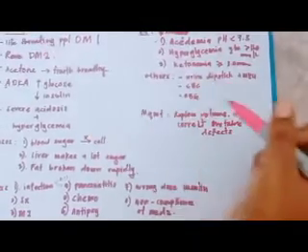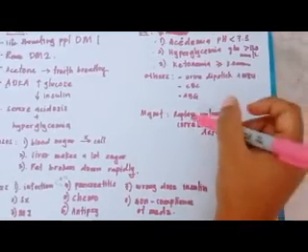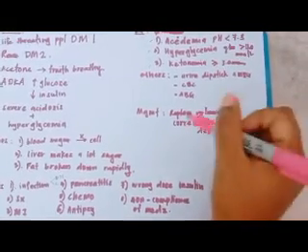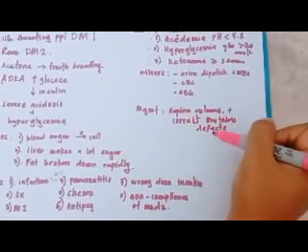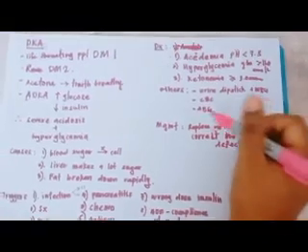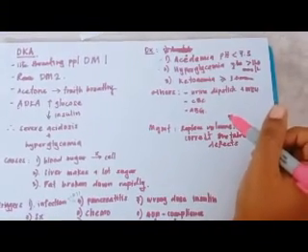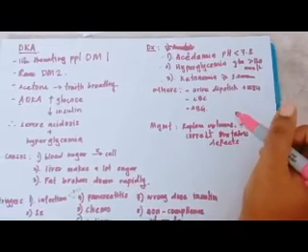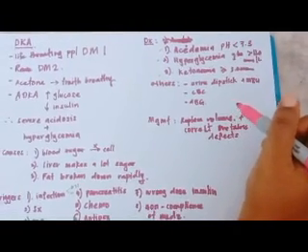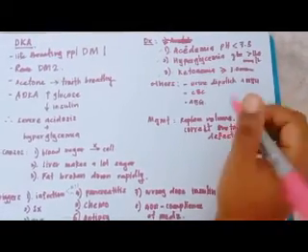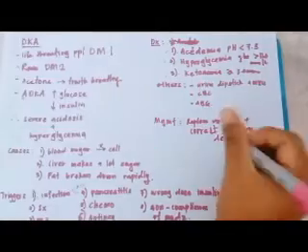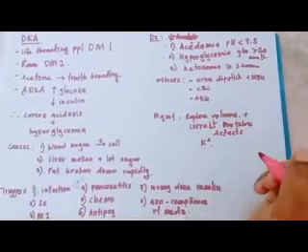Management of DKA: we have to replace volume and correct the metabolic defects. Basically we have to give IV fluid accompanied with insulin and potassium. After 24 hours we have to check the potassium level again.